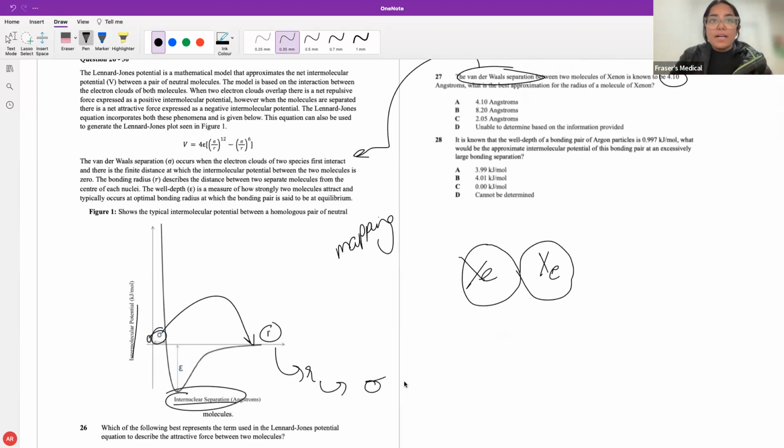It's telling me that sigma is basically the same definition as R, or internuclear separation. So if this is the nucleus of xenon, and this is the other nucleus of xenon, then the distance between them, my internuclear separation, is the same as my value here of van der Waals separation. That is 4.10. Does that reasoning make sense?